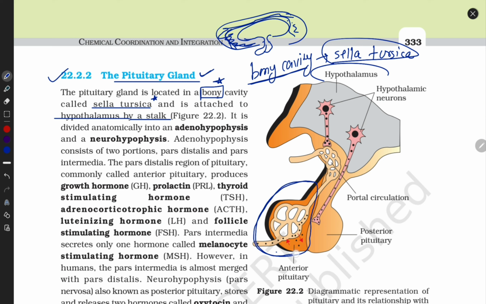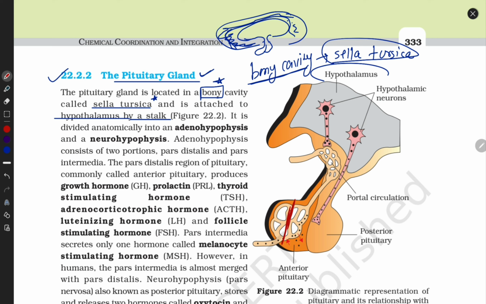This is our adenohypophysis, and the other part is called the neurohypophysis. Look here: this is the neurohypophysis, and this is the adenohypophysis. Clear, guys? Now, the adenohypophysis is further divided into two main parts.